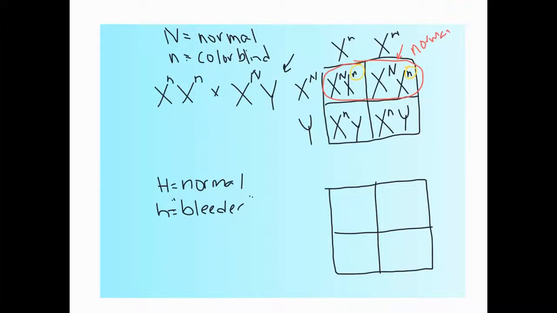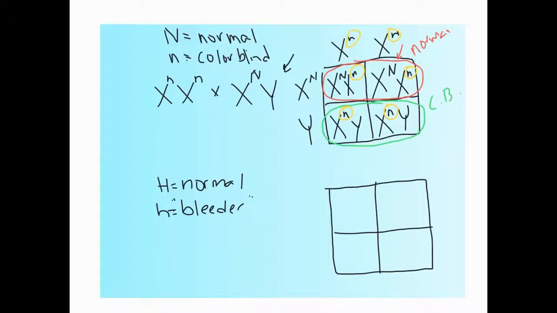They can pass that on to their kids, but themselves, they're not colorblind. The males, on the other hand, 100% of the boys they have, all of them are going to get that recessive colorblind allele from the mom. So 100% of the males will be colorblind.